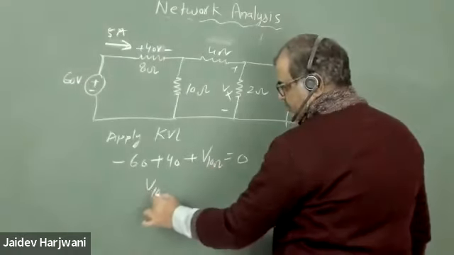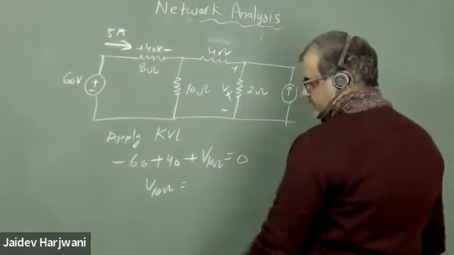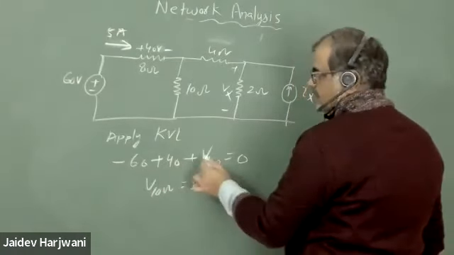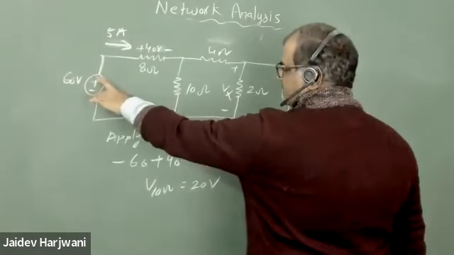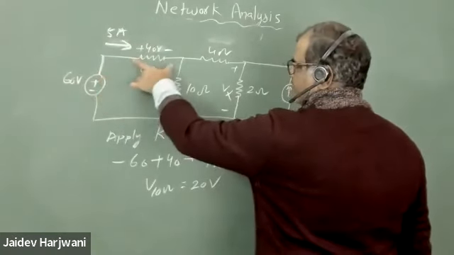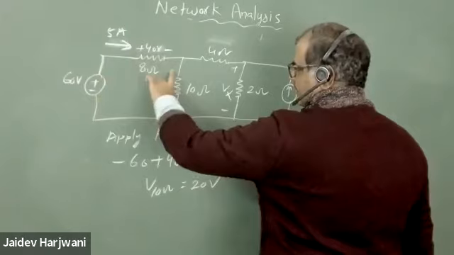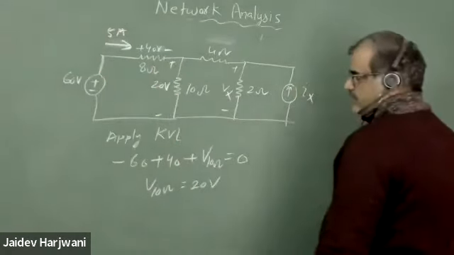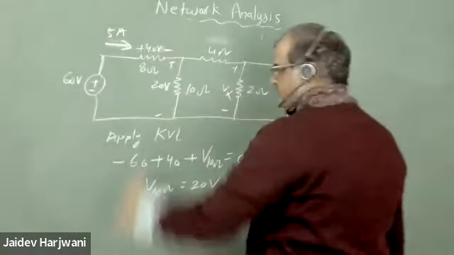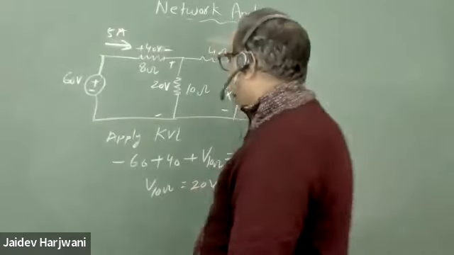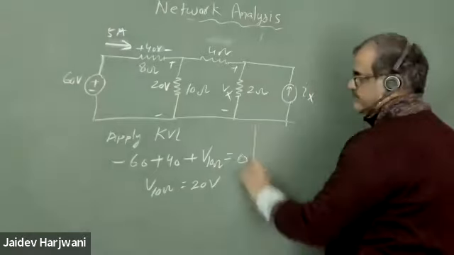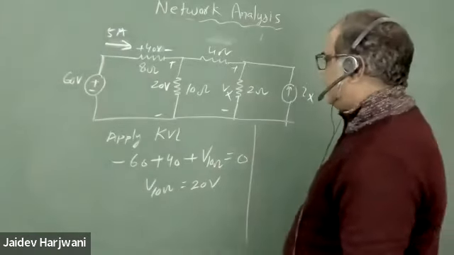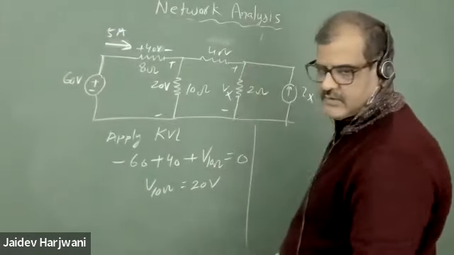So V10ohm is how much now? 20 volts. Out of the 60 we have here, 40 will be dropping here and the remaining 20 will be dropping here. So I know the voltage drop across this is 20 volts. Now what should I do? I want to find out this Vx.